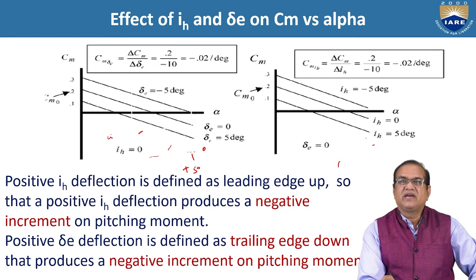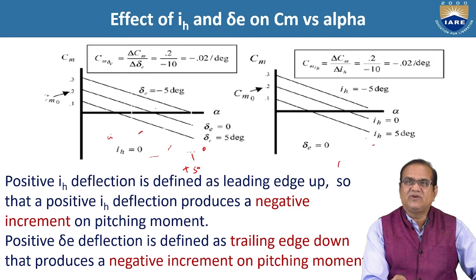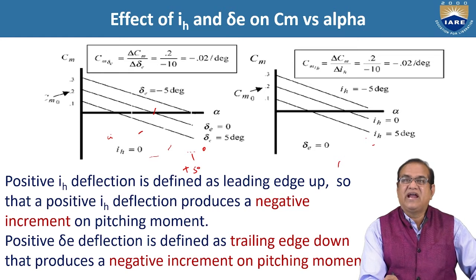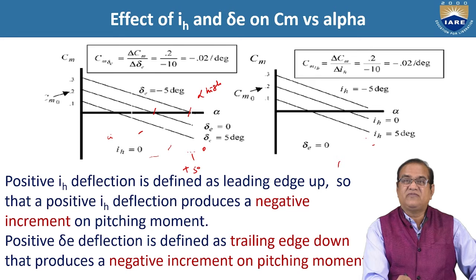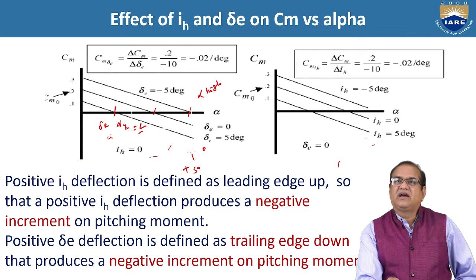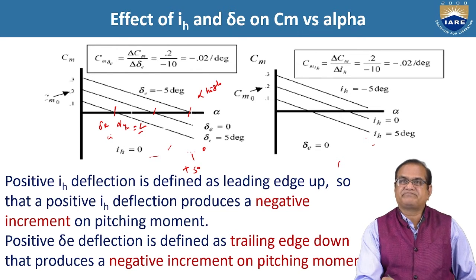If it is 0 degrees, you will get trim here, and if it is negative, then trim will be here, means the angle of attack of the trim is high. But if delta E is positive, the alpha trim will be reduced. That is the benefit of this.